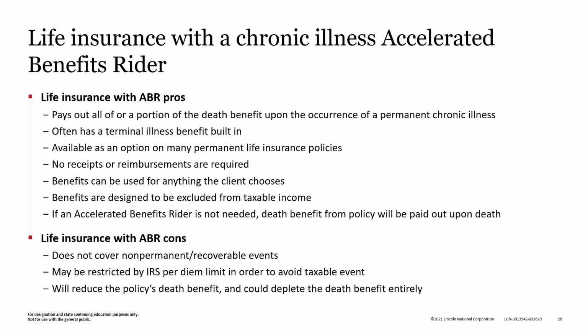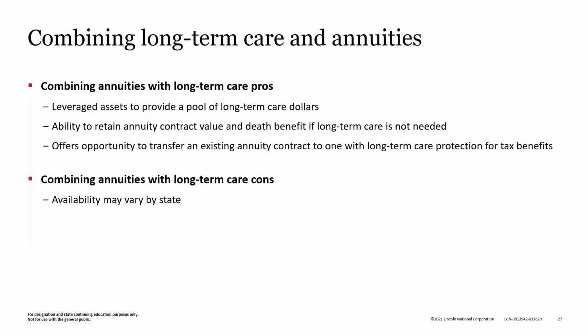So for example, if you had a $500,000 death benefit, that was the objective of purchasing the policy. If it had an ABR rider on there, you would have the access, typically at 2 or 4% of that per month to use for extended care. But the benefit wouldn't exceed the amount available for long-term care.